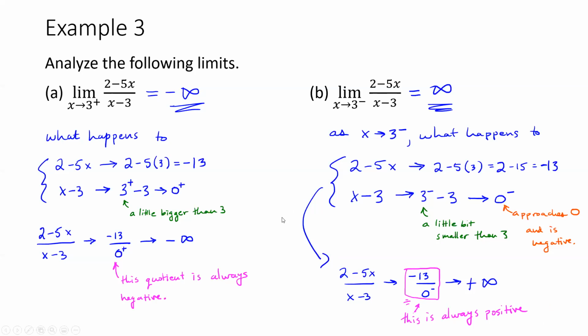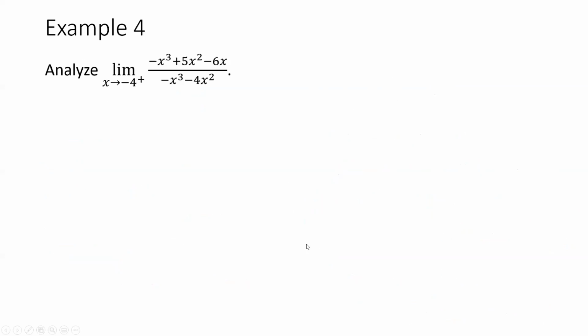Let's try one more similar type of analysis. Maybe slightly more complicated looking, but we'll approach it the same exact way. I want to describe what happens here as x approaches negative 4 from the right.